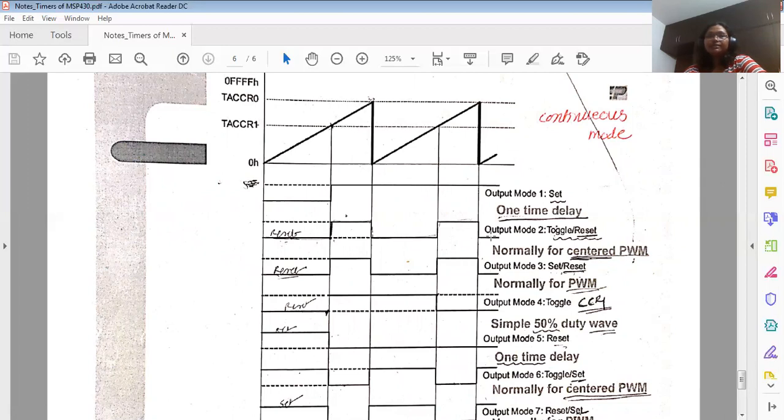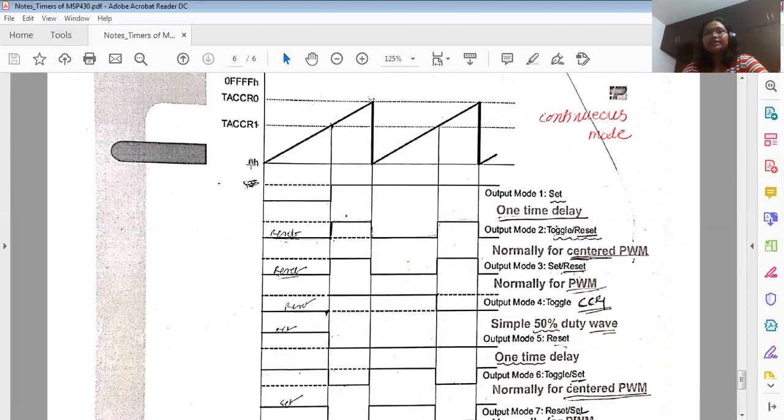Capture compare register 0. If you are using output mode 1, that is the set mode, then initially the counter will start and the output will be reset, output will be 0. When the clock pulses arrive, the contents of the TAR register will be increased. This is the content of the TAR register.